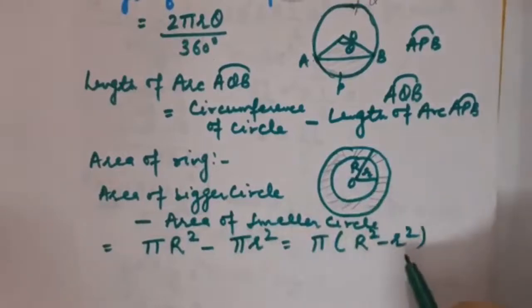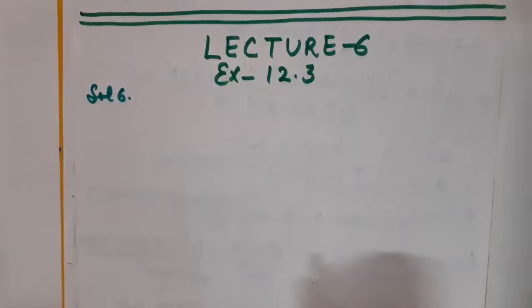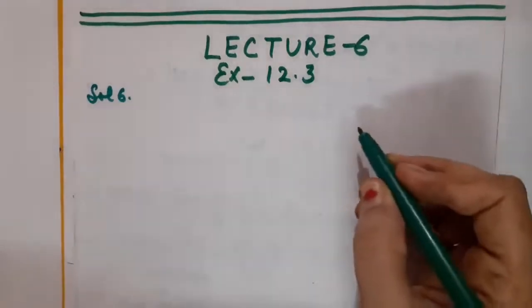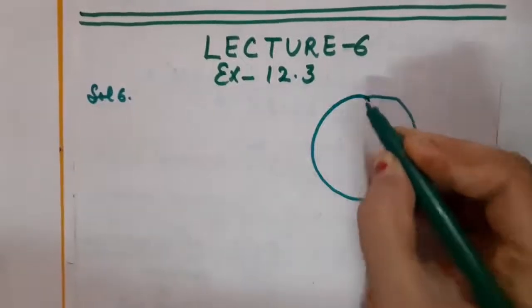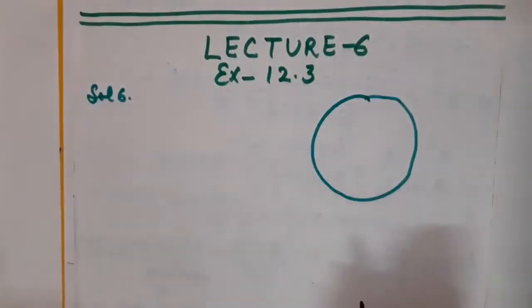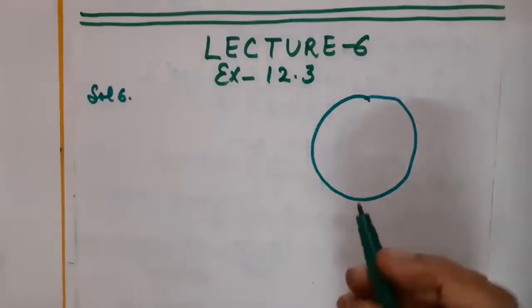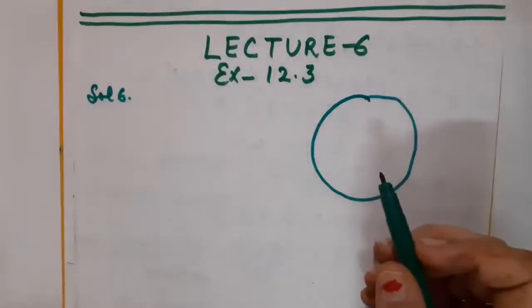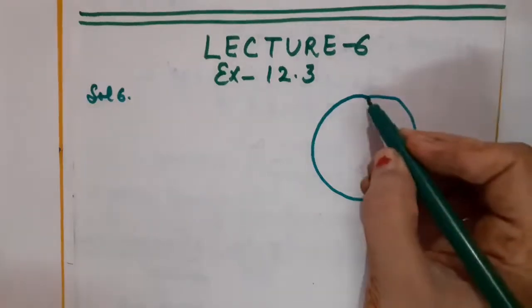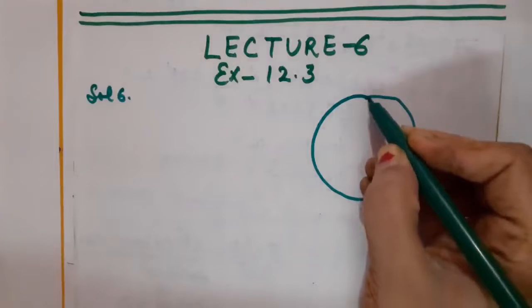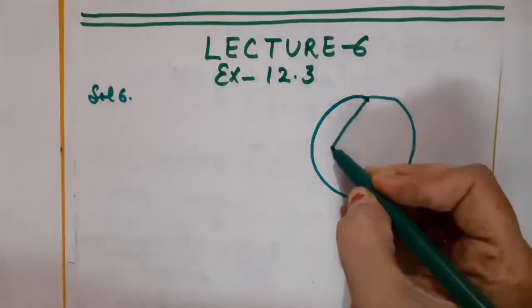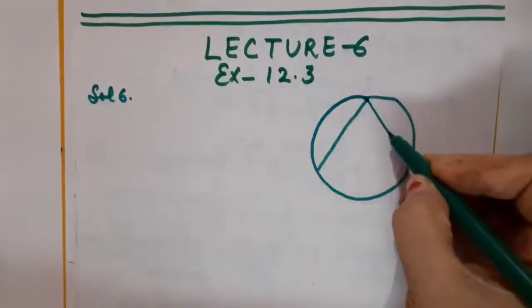Now the question: calculate the area of the design in a circular table cover of radius 32 centimeter. So first of all, I am going to make a big circular table cover. The radius is given, that is 32 centimeter. A design is formed leaving an equilateral triangle ABC in the middle of the circle, as shown in the figure. So now I am going to make an equilateral triangle.